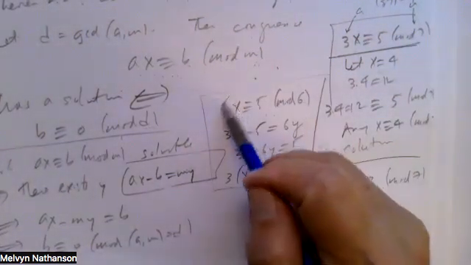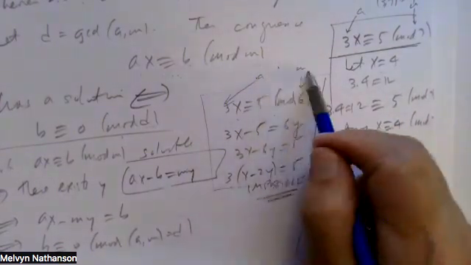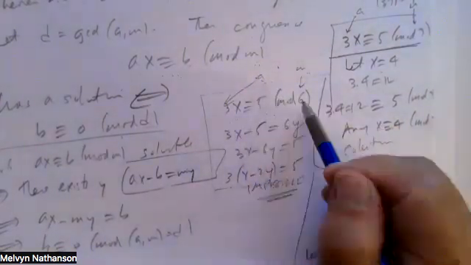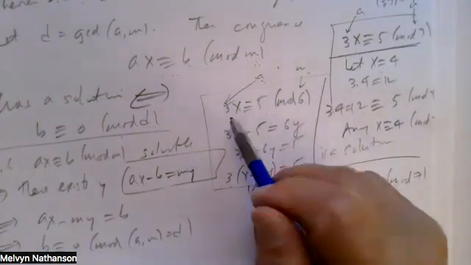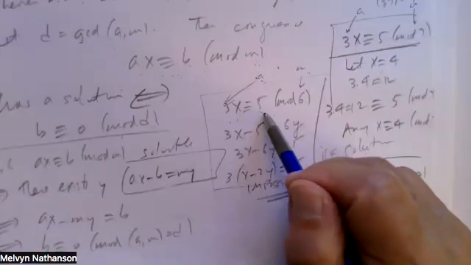In this instance, my A was 3, my M was 6. The greatest common divisor of 3 and 6 is 3, and 3 does not divide 5. So there's no solution to this congruence. Okay.